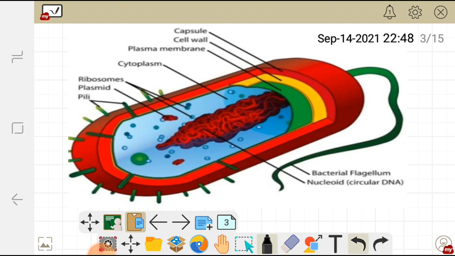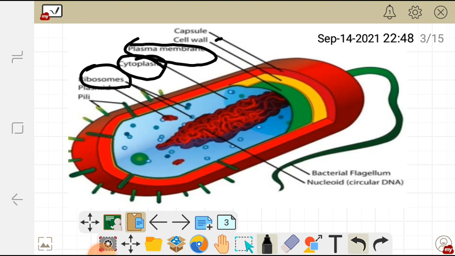A prokaryotic cell has parts like the capsule, the cell wall, and the membrane. It also has the cytoplasm, ribosomes, plasma membrane, and pili, which are hair-like structures.